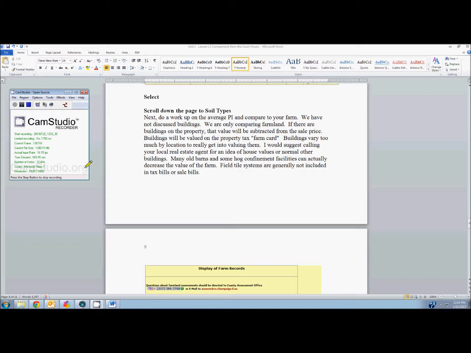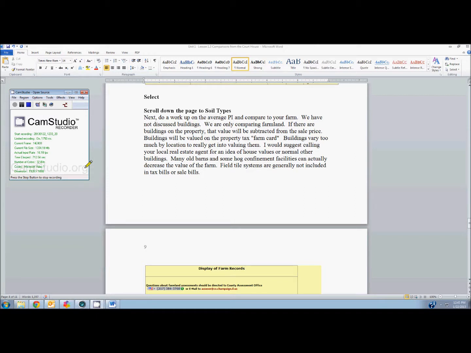With the exception that, for an example, if you have a house on your property and the comparison farms do not have a house on the property, and say the house is worth $100,000, you're going to want to subtract that off your farm or add it to the value of the other farms. Other buildings are the same way. Machine sheds vary by location on their value.